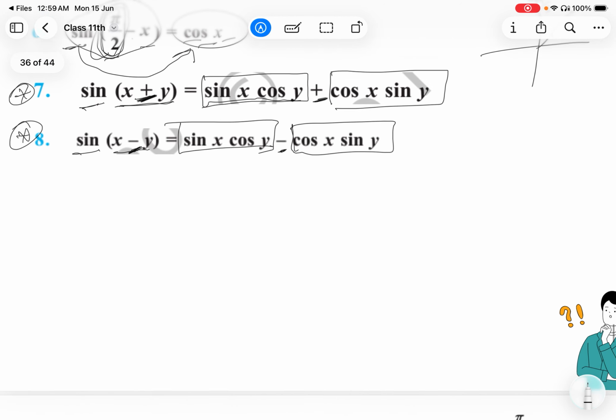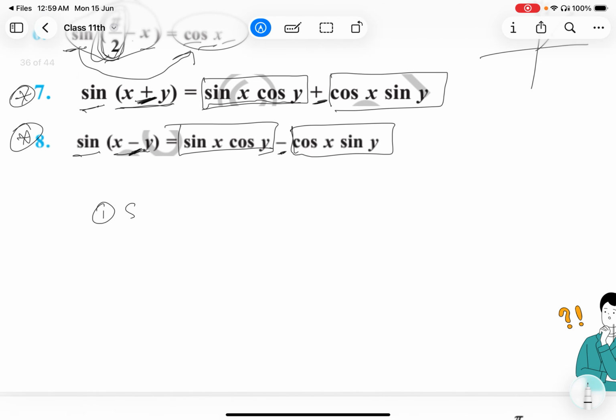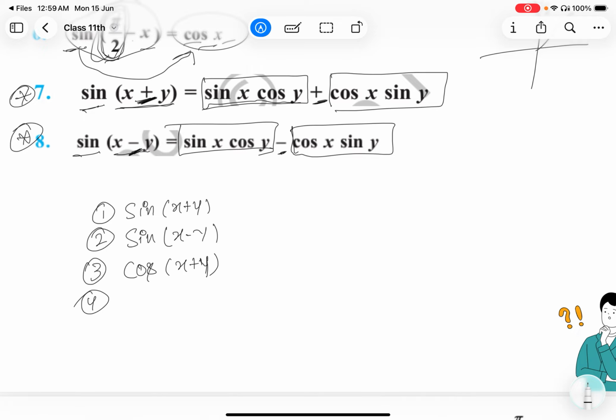So as of now we have understood sine(x + y), second sine(x - y), third cos(x + y), and cos(x - y). I am just writing this so you will not get confused.